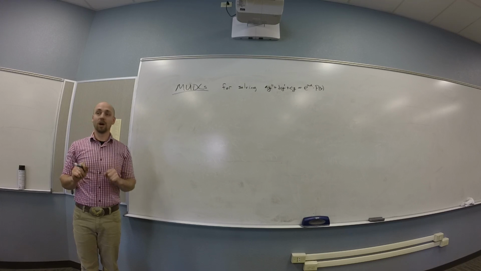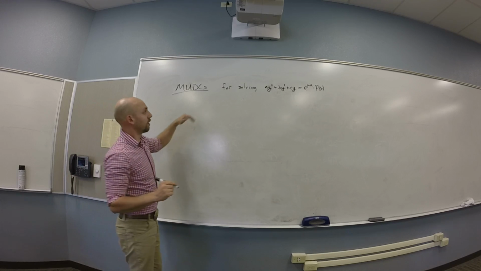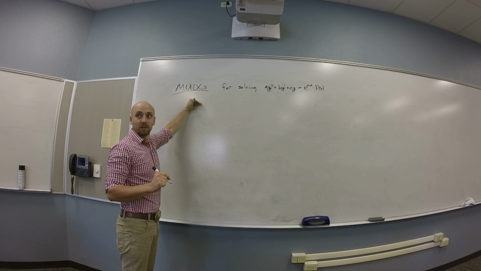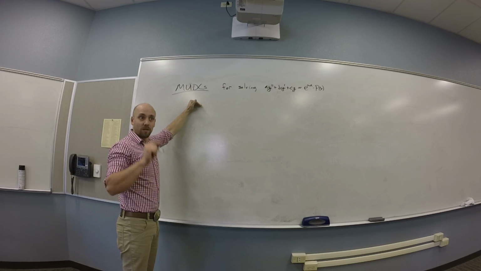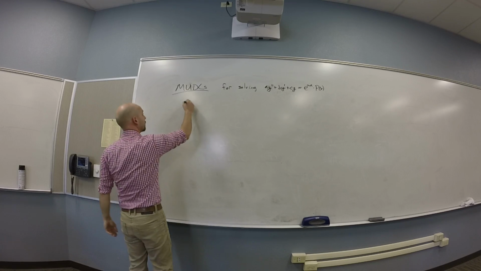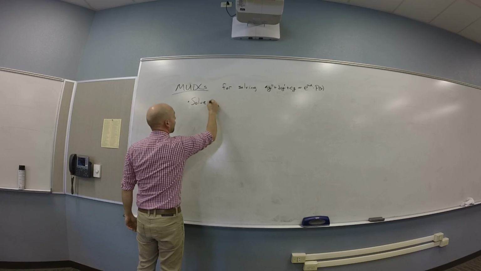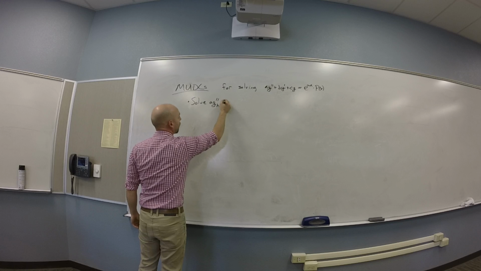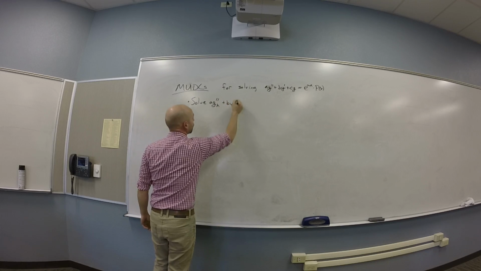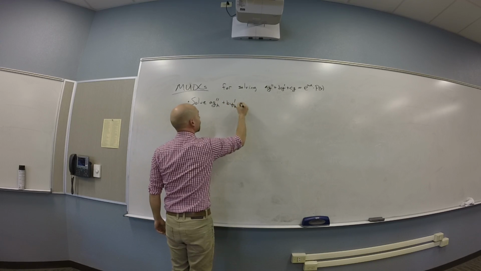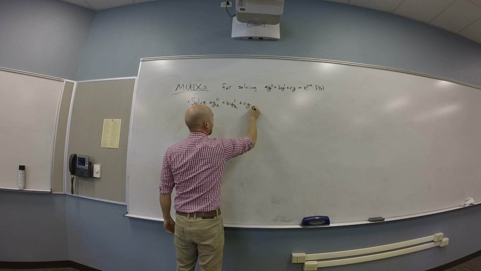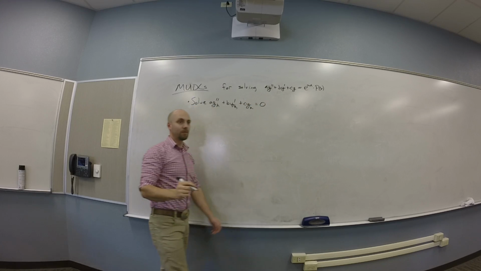So how would you start this? What's your starting point? Solve the homogeneous version: a y_h double prime plus b y_h prime plus c y_h equals 0.